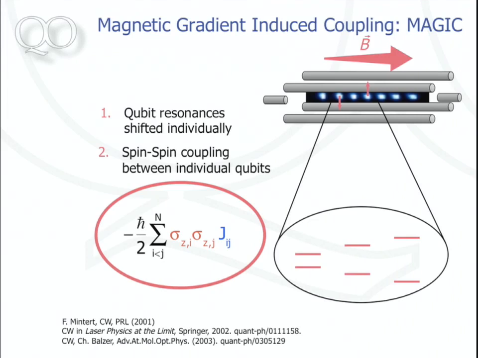We can individually address the ions in frequency space because they all have now different resonance frequencies. And the second thing this magnetic gradient does, it induces this spin-spin coupling here. And this is very useful to do multi-qubit quantum gates or quantum simulations, as I will show you during the course of this talk.